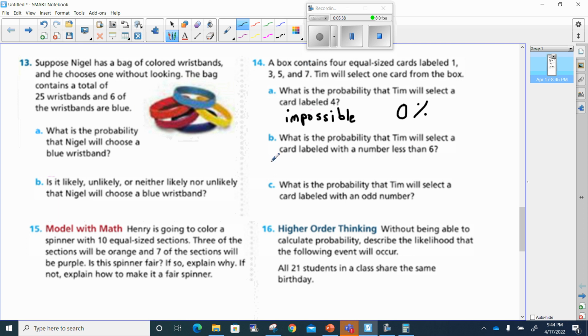There are 3 out of 4 chance. 3 out of 4 equals 75%.